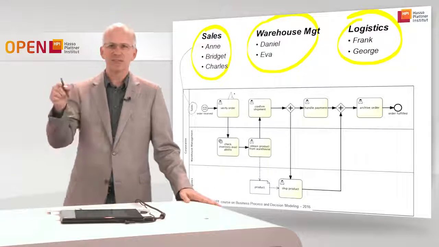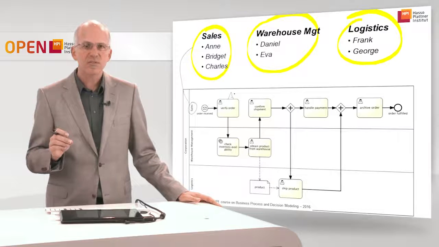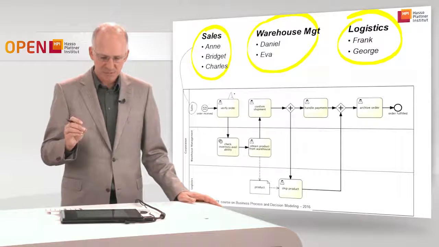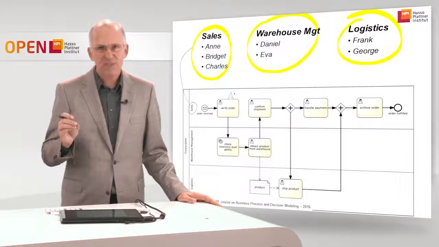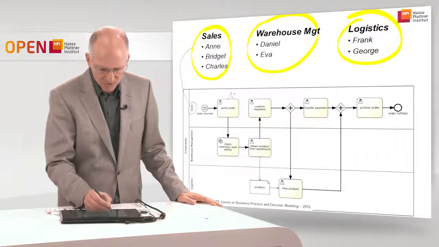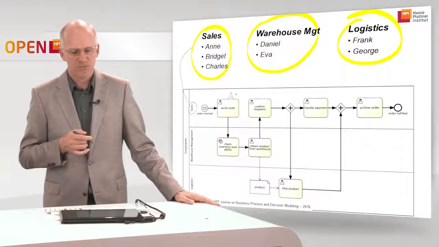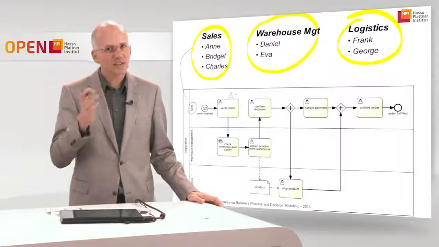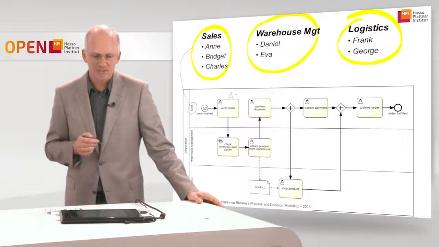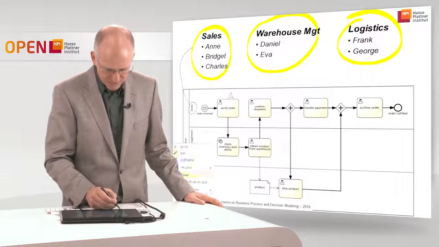We are not saying Anne is doing this, but activities need to be allocated to the resources, and here we assume that somehow the people work together and decide that Anne would do that. The way this allocation is done, I will discuss later in this video clip.